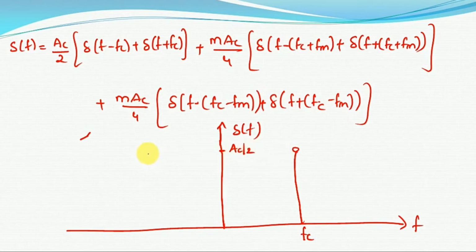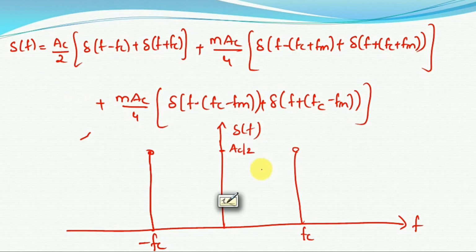Similarly, on the negative side, it will be minus Fc with an amplitude Ac by 2. The first two terms are done, and the third term is again an impulse signal with a shifting frequency of Fc plus Fm, which means a higher frequency than the carrier frequency Fc, and its amplitude is m into Ac by 4. Here the modulation index is Am by Ac, so Ac cancels, and finally it is Am by 4, which is less than Ac by 2.